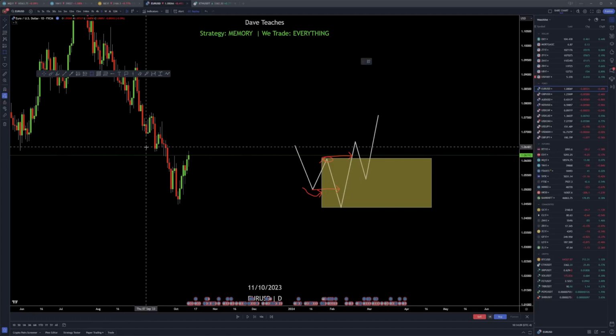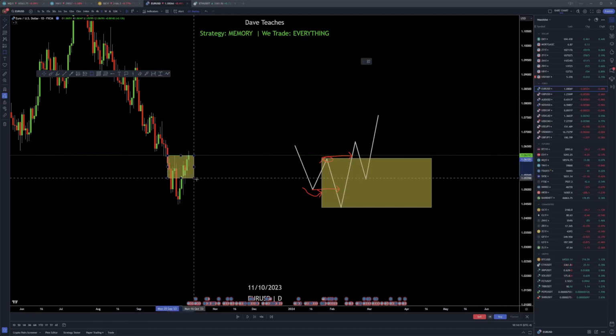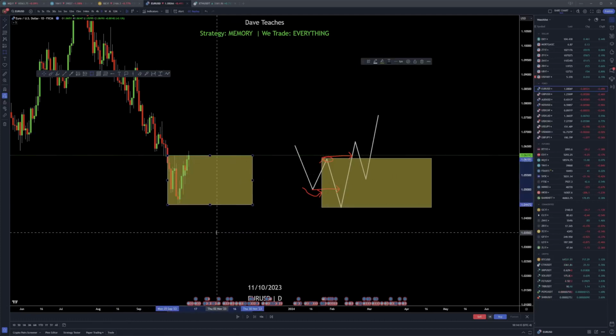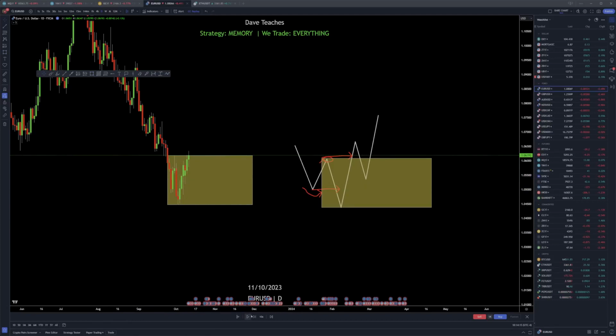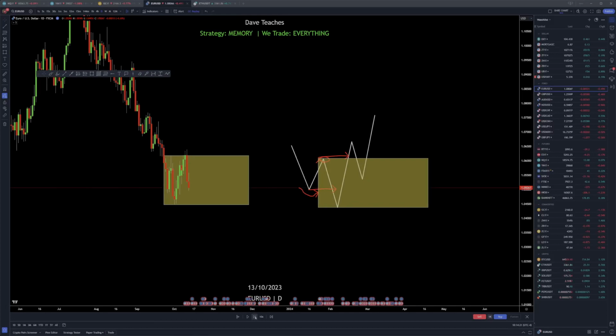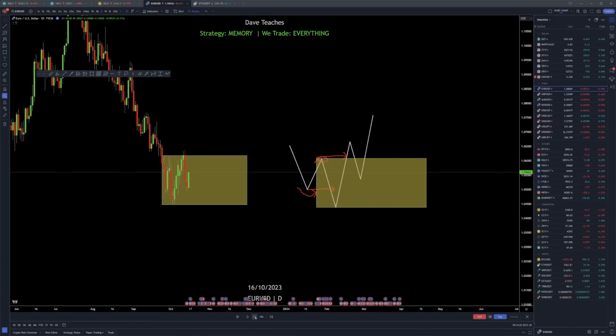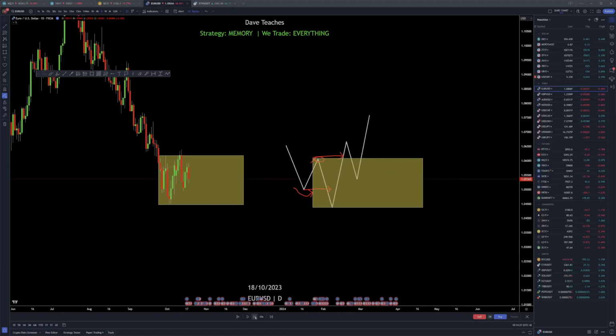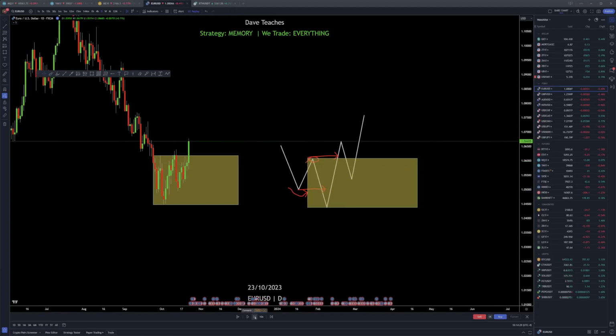So this is our previous range right here. And what you see is, if we click forward, price taps back into the 50%, digs deeper, trades back up above the 50%, and then takes us out.